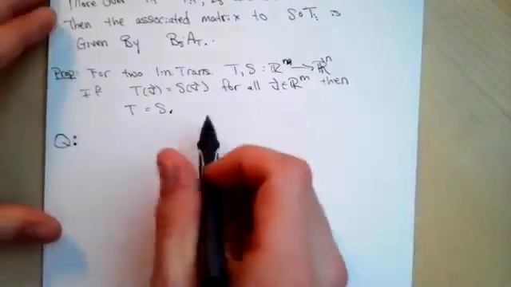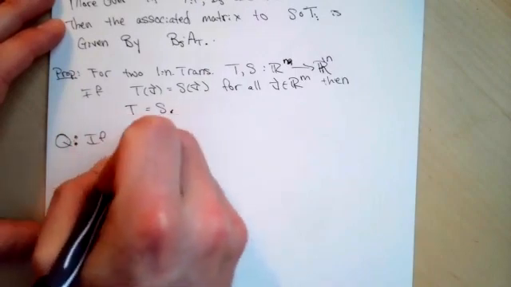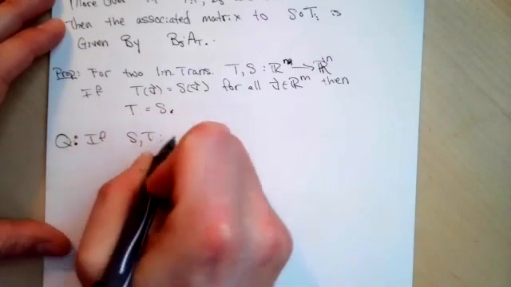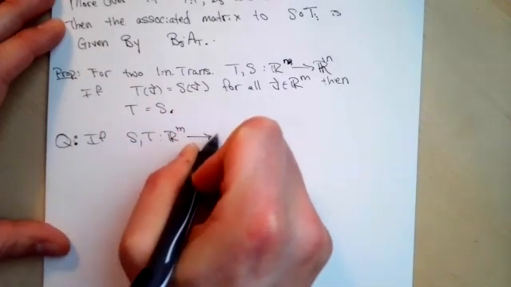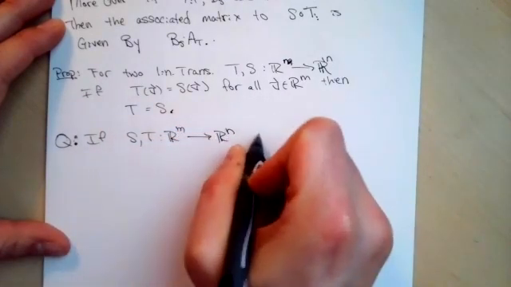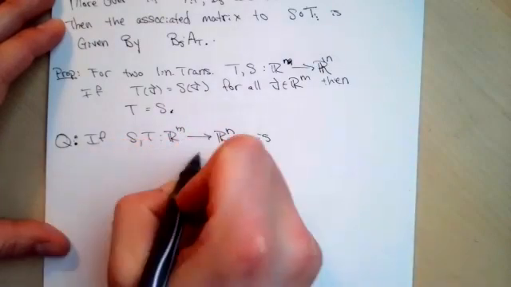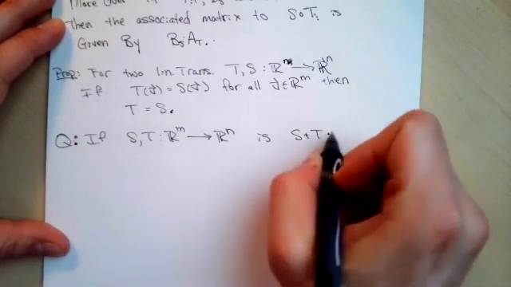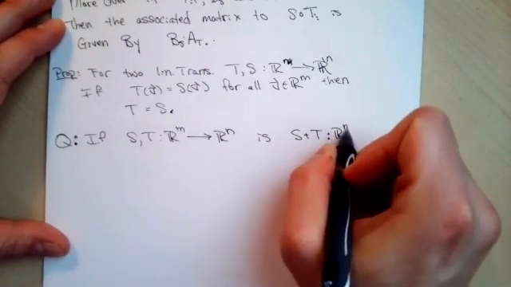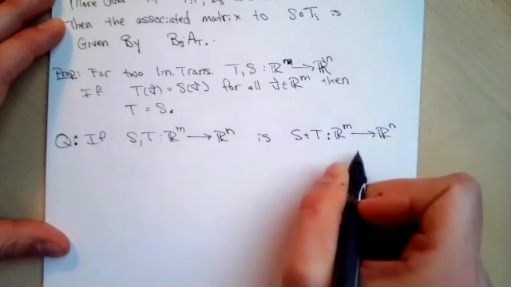So just some questions for you to ponder and maybe work out for yourself. If we have two linear transformations with the same domain, can we add them? So if I take two linear transformations, does that define a linear transformation?